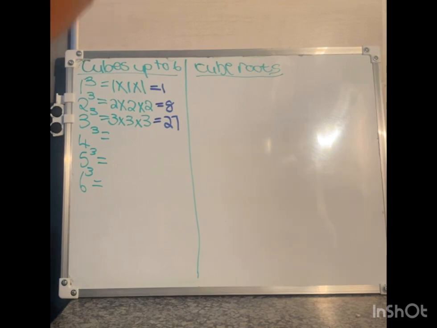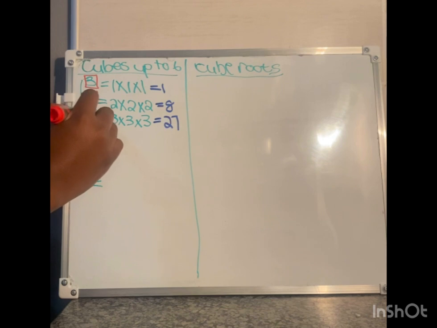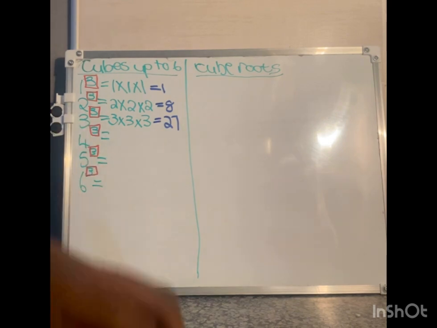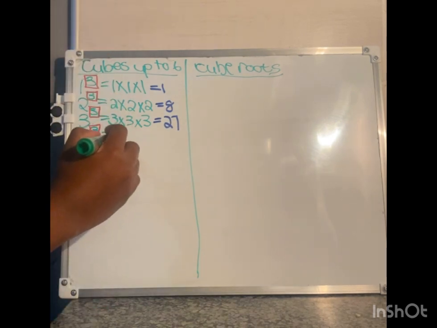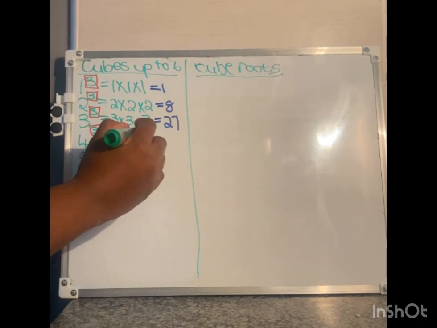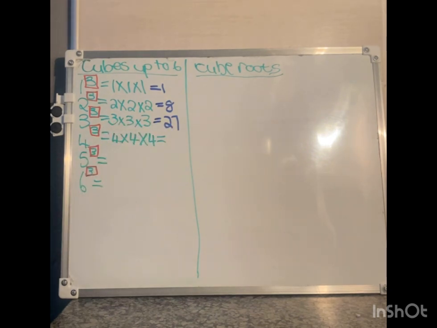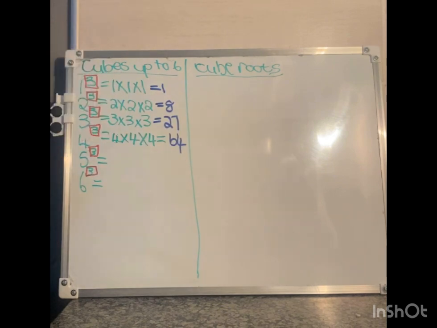Very important, remember that cube. 4 cubed equals 4 times 4 times 4, which equals 64.